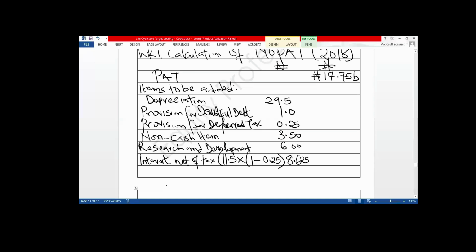There's no goodwill in this question. These are the items to be added back.